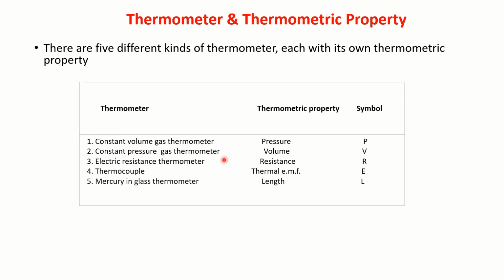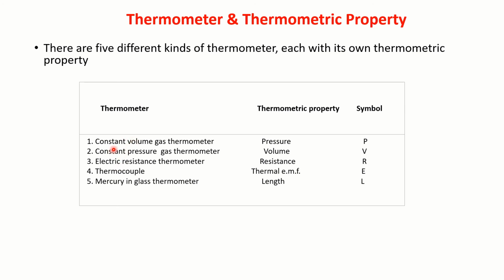Again, Charles Law. So using this idea, we can develop thermometers. Similarly, electric resistance thermometer, change in resistance. When heat flows to a body, the resistance might change. EMF might change, then I can call it a thermocouple. With mercury, the length can change. That is, length becomes the thermometric property when I use a mercury in glass thermometer.